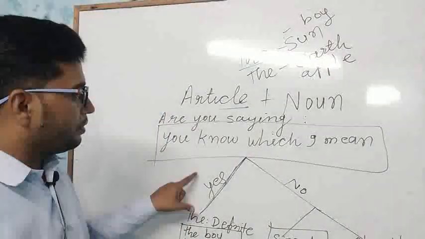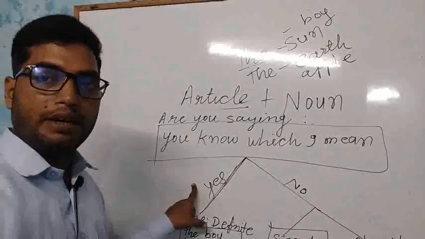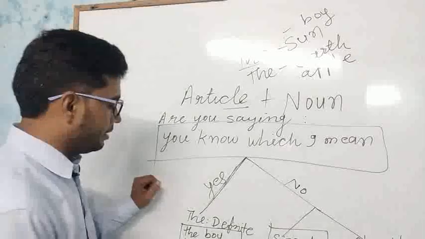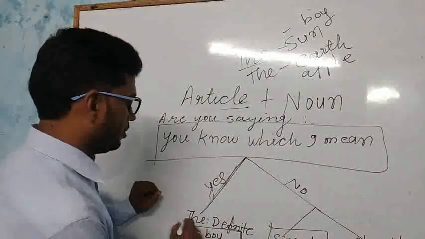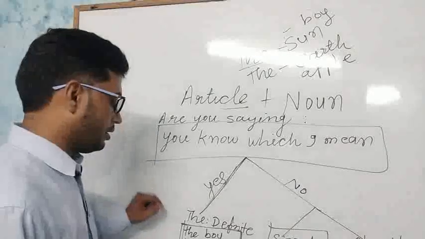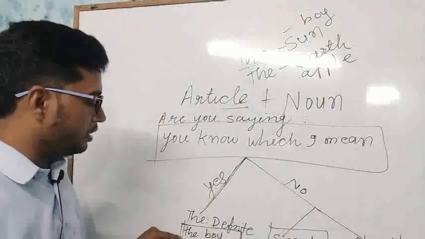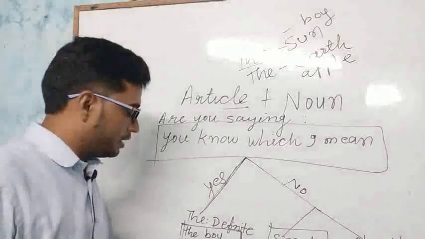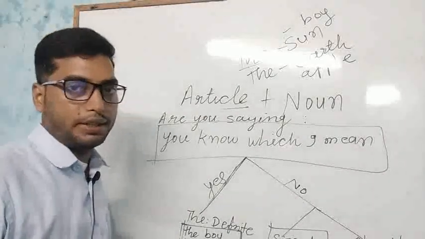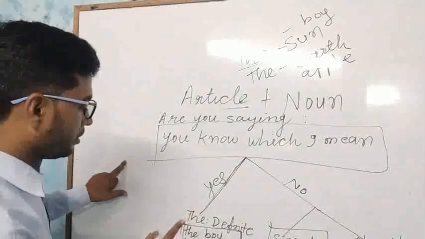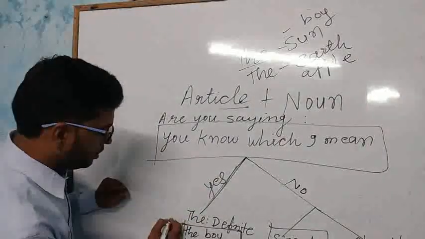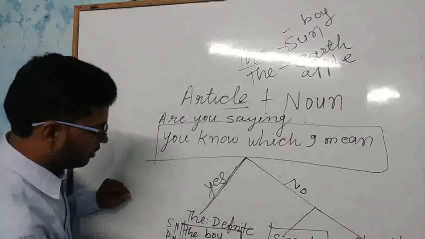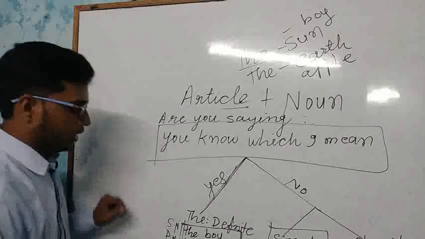Or if the answer is positive, in affirmative, yes, I know what you talk about, then they will put the: the boy in singular, and in plural, if they know about the plural things, the books. If they know about the uncountable noun, the water, we can call it the water, right? So the can be used before singular noun, before plural noun, or before uncountable noun.